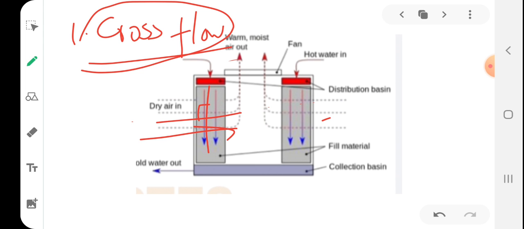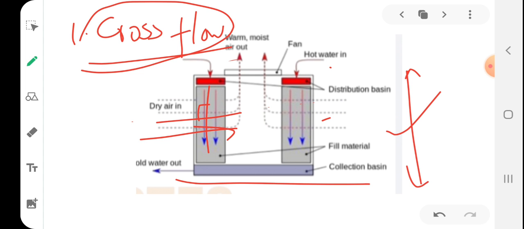Generally it needs a larger plan area but lower height. So it requires a large area but a small height. The height can be very low. In situations where we cannot afford much height, cross flow cooling towers will be used.